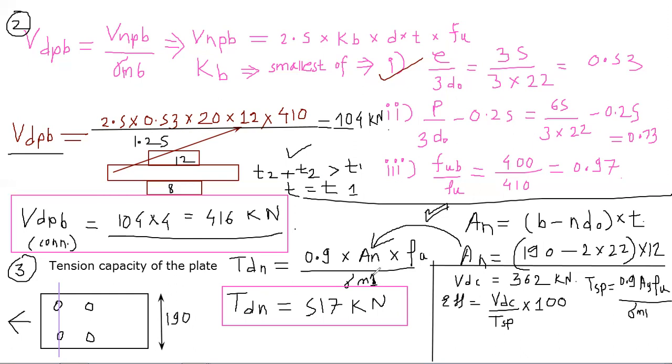So the gross area is 190 multiplied by 12. 12 is the thickness of the main plate. So 190 multiplied by 12 will be your gross area of the main plate, multiplied by the ultimate strength of the plate, which is 410 MPa, divided by gamma m1, that is 1.25. That value you can substitute here, and you will get the efficiency.